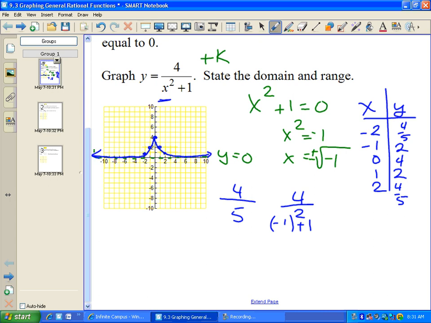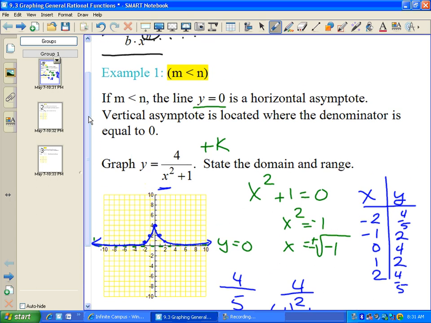Yes, sir. The question by Ty Thornton, say hi, Ty, was how do I know that it's an asymptote? It's an asymptote because this is part of the definition. If the degree of the numerator, the top, is less than the degree of the denominator, the bottom, I have an asymptote of y equals 0 plus a shift if there's a shift.